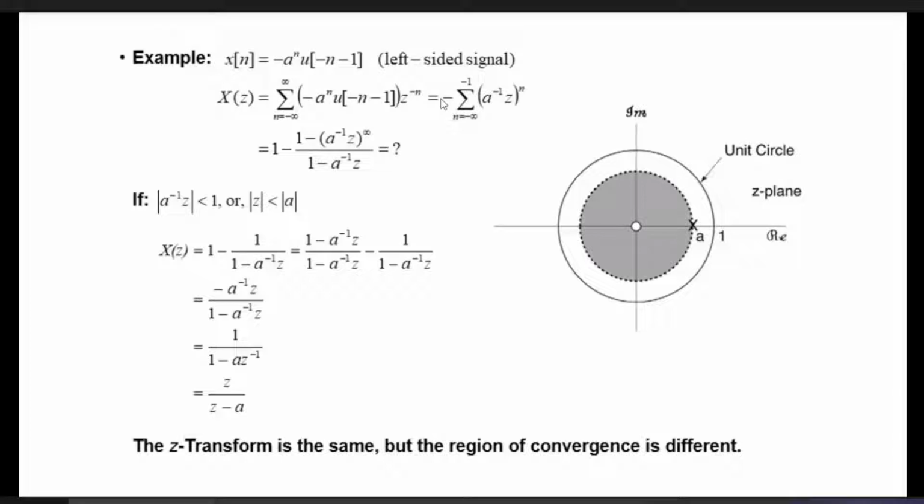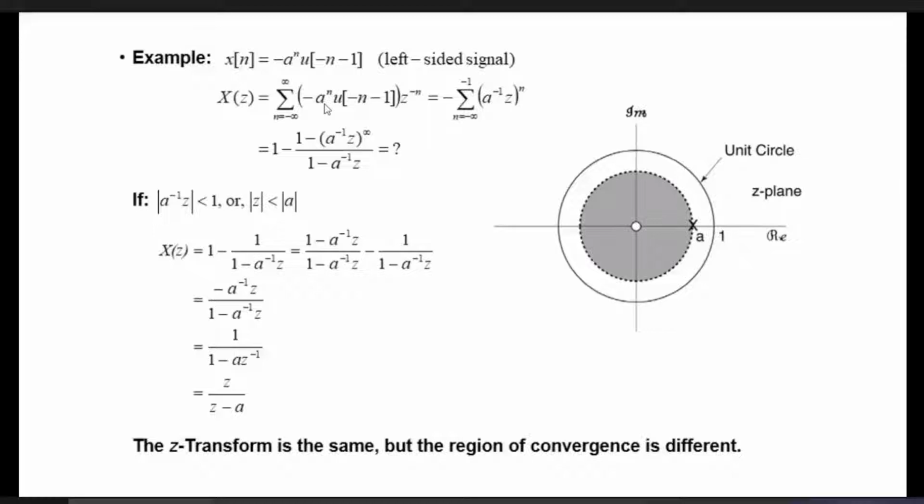Now in that case, the function exists from n equal to minus 1 to minus infinity, so we take only that limit. For other values of n, it is 0, so we take only this one.